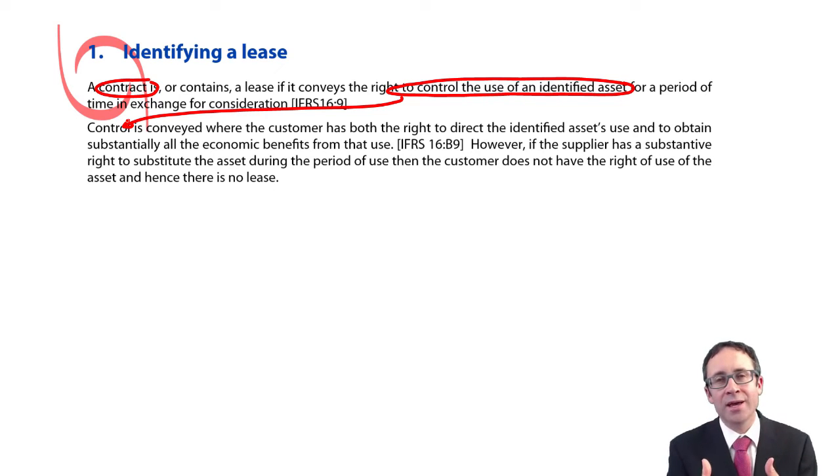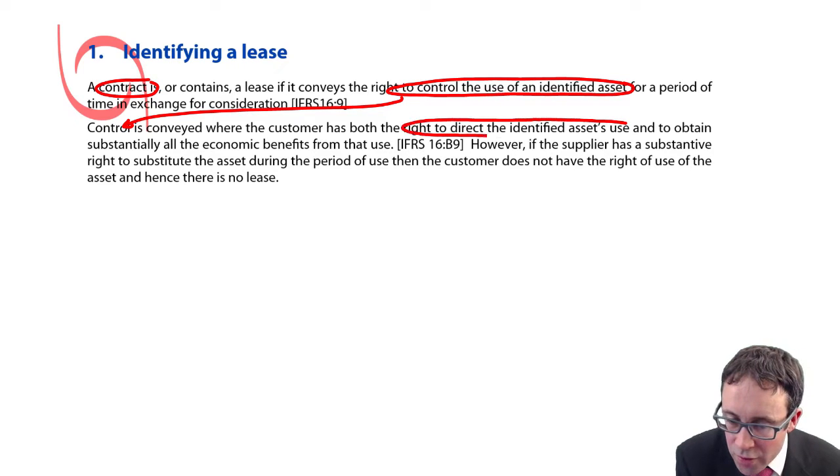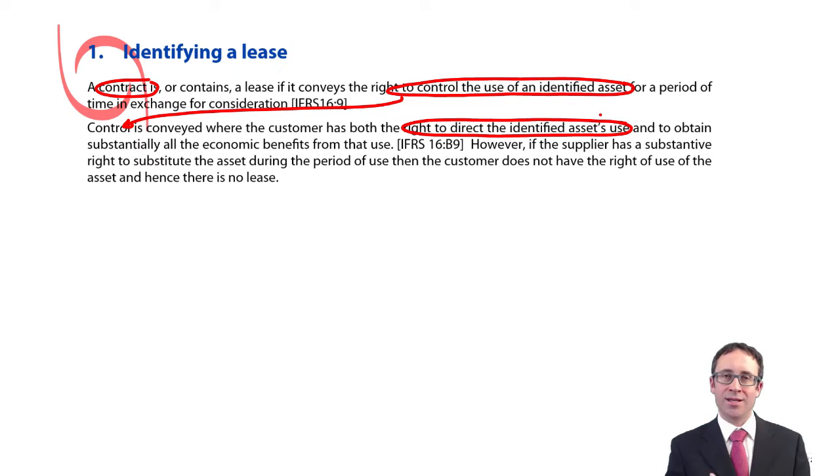This is what I really like about the standard, in the way that it brings in the word control, by talking about whether or not we have the right to direct the identified asset's use. So can we specifically dictate how that asset is used, when that asset is used, what that asset is used for?